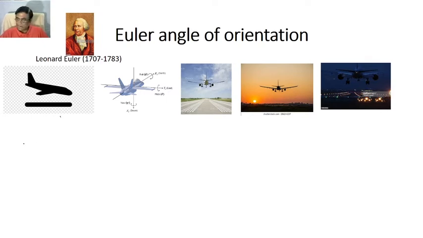So there are actually 3 types of Euler angle representation of orientation.